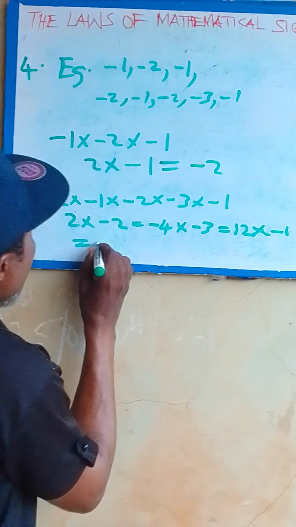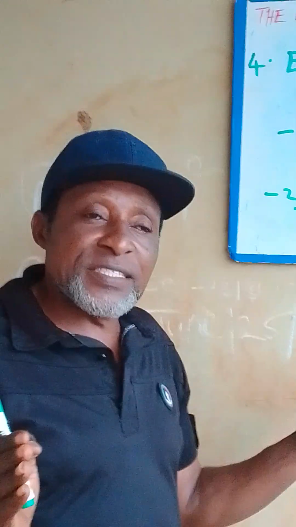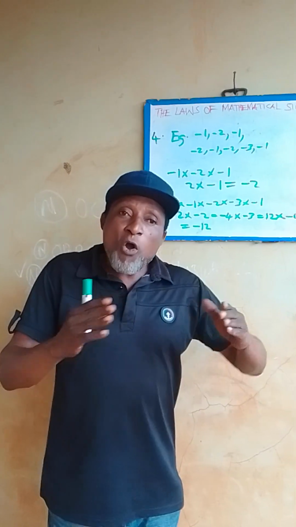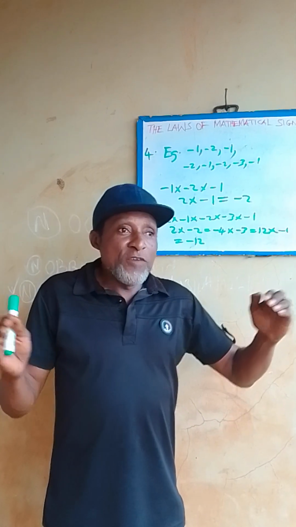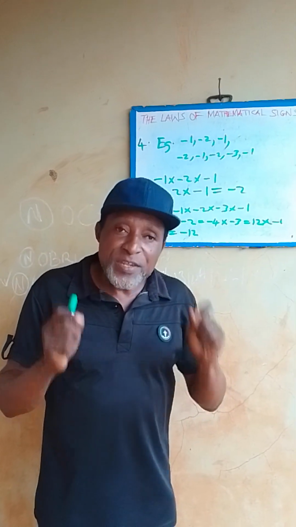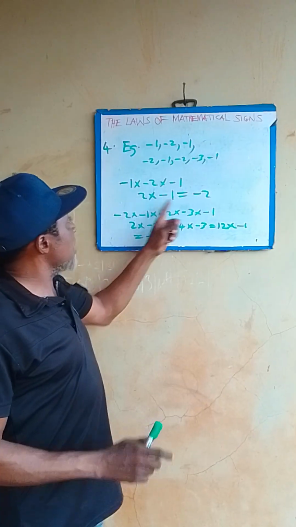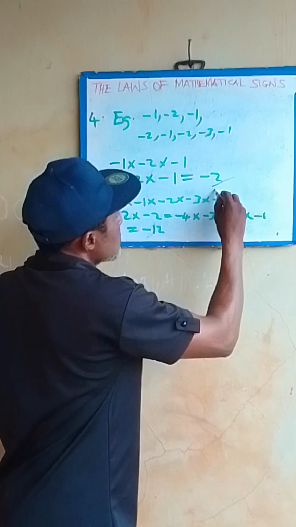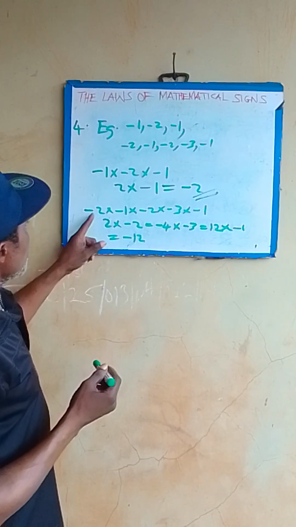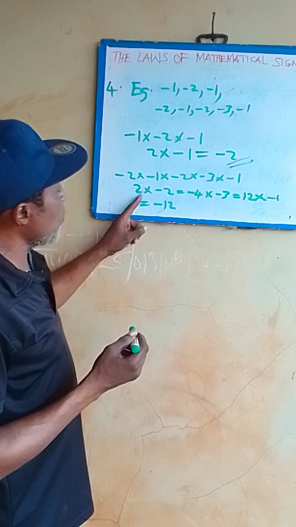So plus 12 times minus 1 will give us minus 12. So as you can see, if negative numbers are arranged in an odd form, and such numbers are multiplied out, the result will be negative. In the first case, we multiplied the first sequence and it gave us negative 2. Now we have multiplied the second sequence here. Minus 2 times minus 1 is plus 2.